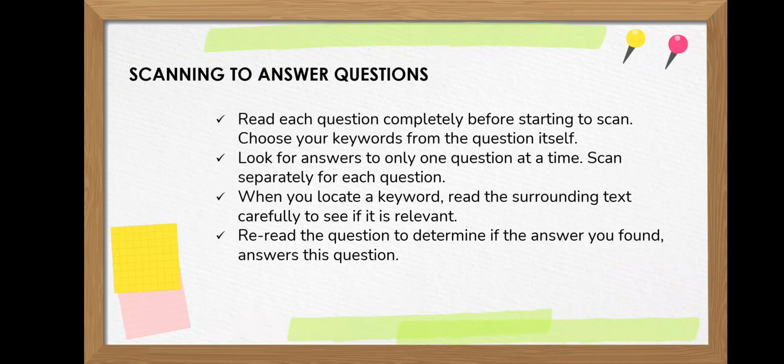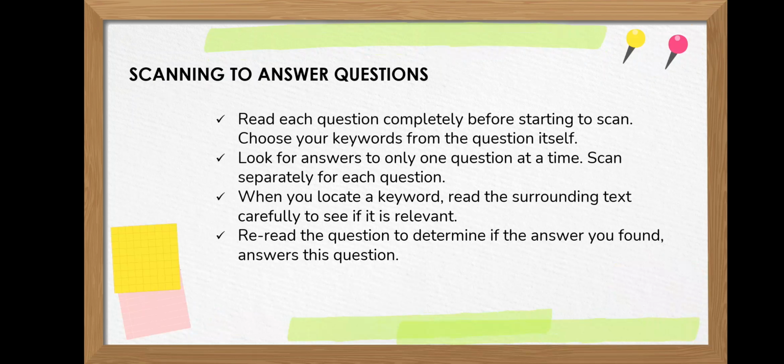Choose your keywords from the question itself so that you have an idea in your mind of what you are going to look at or what you're going to answer. Look for answers to only one question at a time. Scan separately for each question. Next, when you locate a keyword, read the surrounding text carefully to see if it is relevant, and reread the question to determine if the answer you found answers this question.